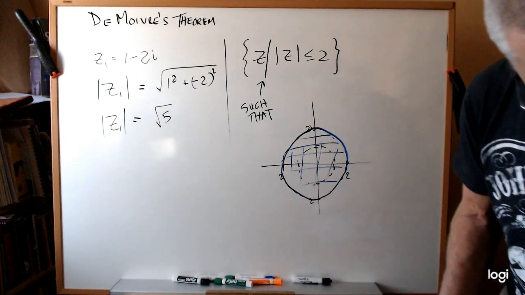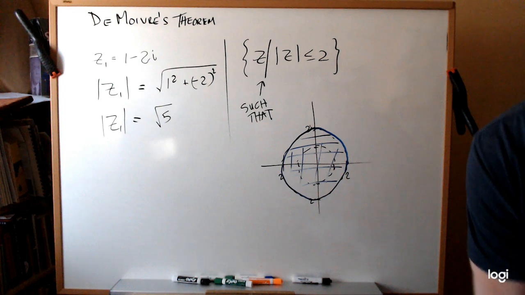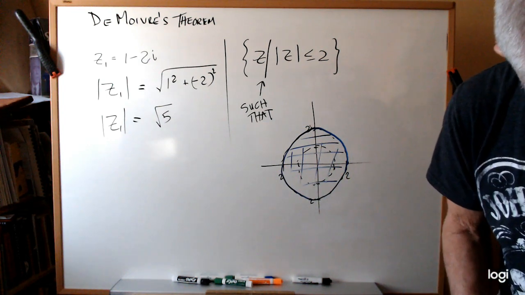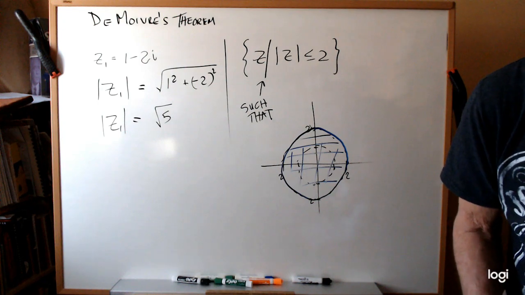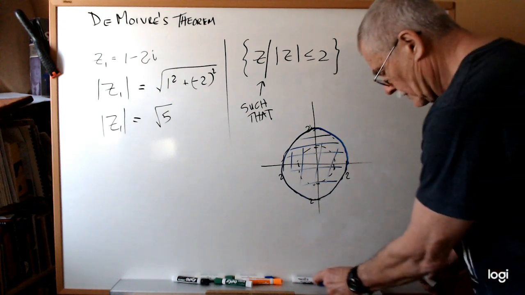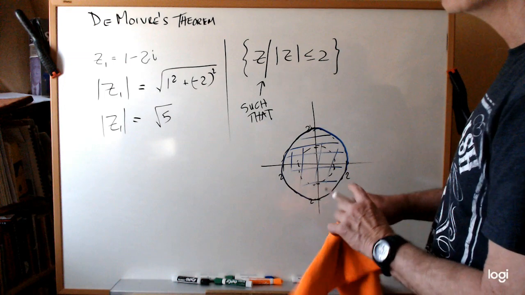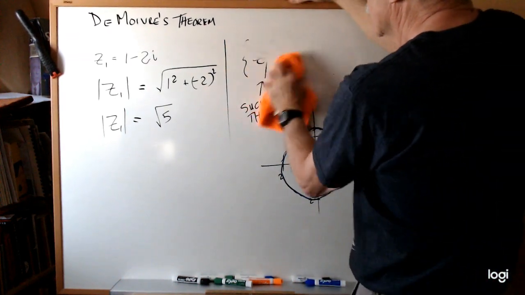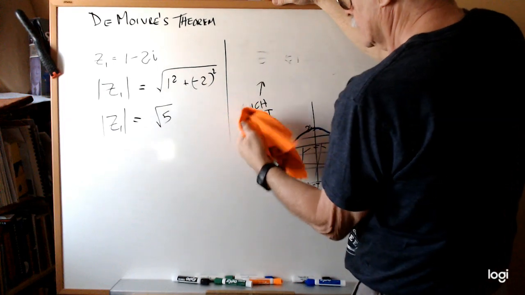Okay, let's move on to some of the actual computations now. And the first one we want to do is going to be a multiplication, using DeMoivre's theorem. Let me make some space here to work.